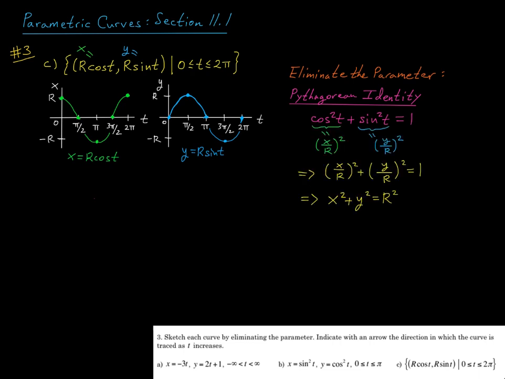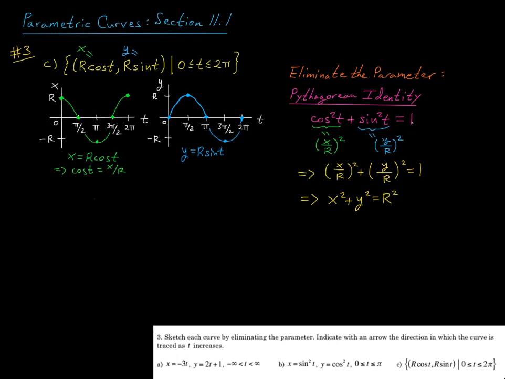Now, we know that x is r cosine of t, so what is cosine of t? It is x over r. And so cosine squared of t is going to be x over r squared. Likewise, sine of t would be y over r, and then I'm squaring because of the square on the sine.